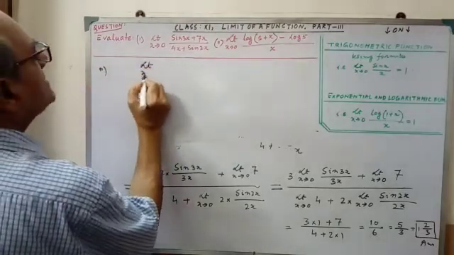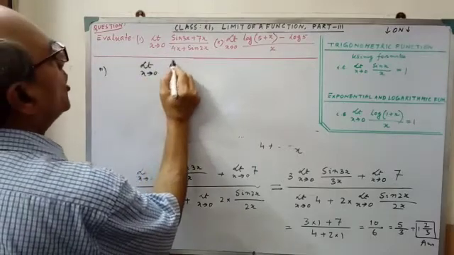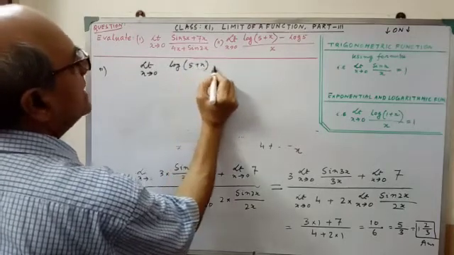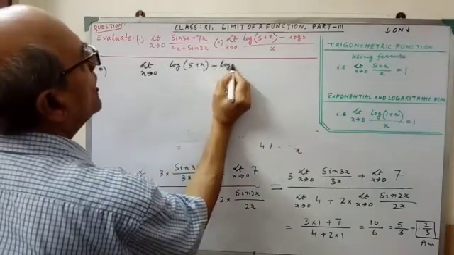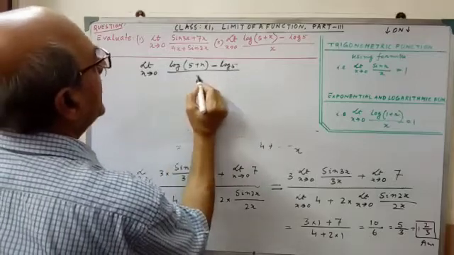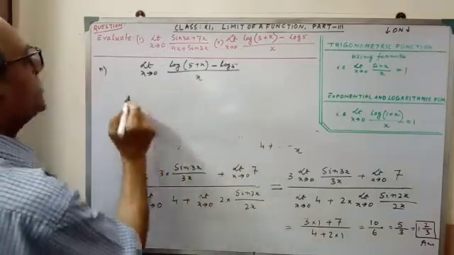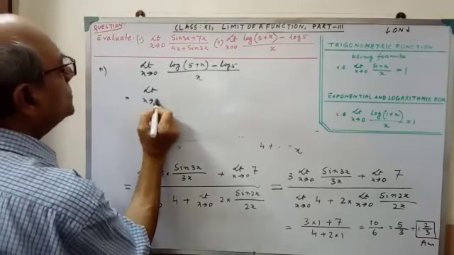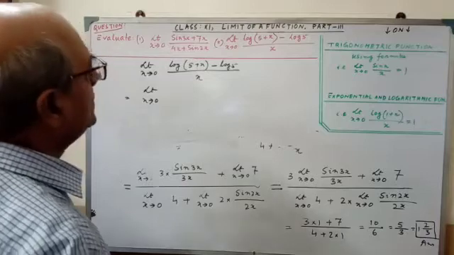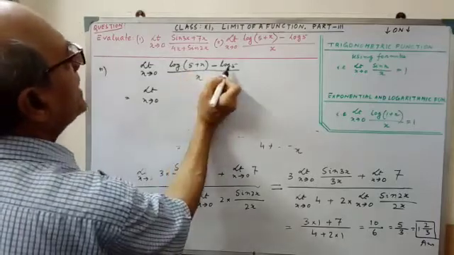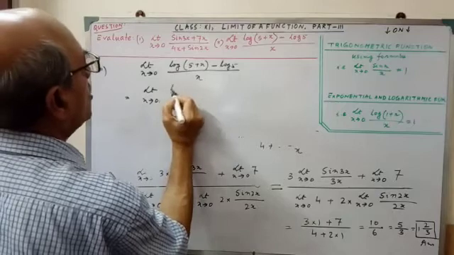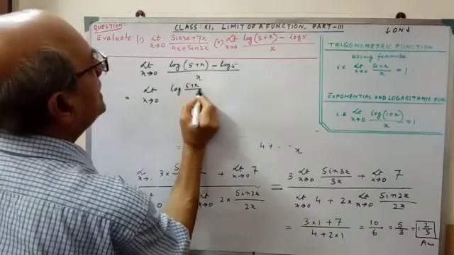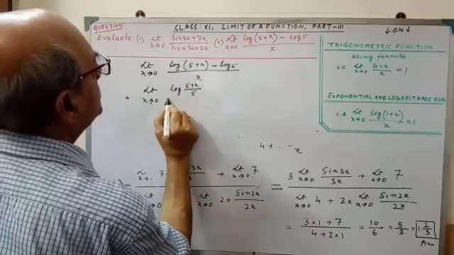limit x tends to 0 (log(5 plus x) minus log 5) divided by x. This is also not exactly the frame of the formula. We have to bring it into the frame of the formula. In which way? This is a logarithm expression, so we may write this as log((5 plus x) by 5) by the quotient rule.